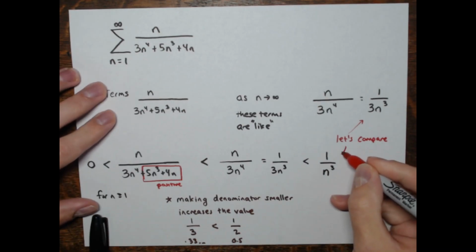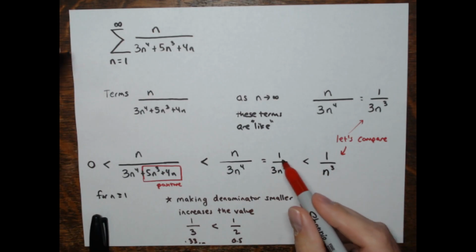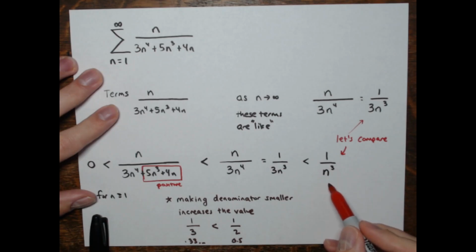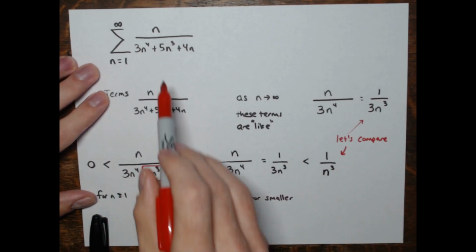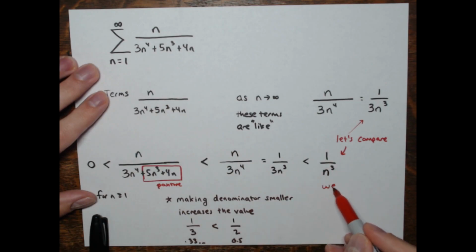And we can compare to this. So comparing to 1 over 3n cubed is very much like comparing to 1 over n cubed, right? This is just a multiple, 1/3 of 1 over n cubed. Now, all the terms of our sum are less than these, and we know that the series of these terms, the sum from n equals 1 to infinity of 1 over n cubed, converges, right?